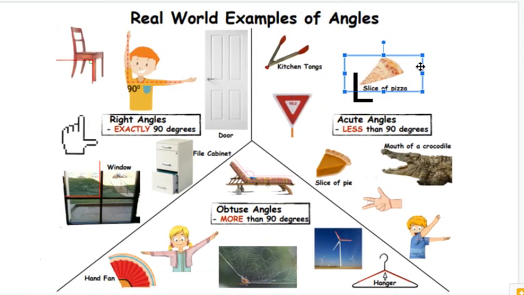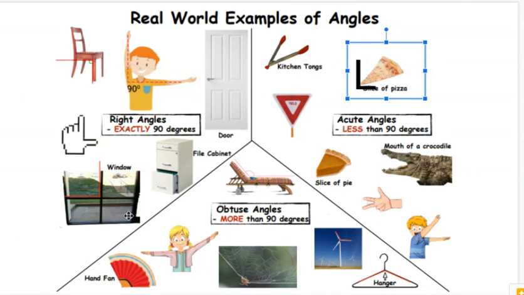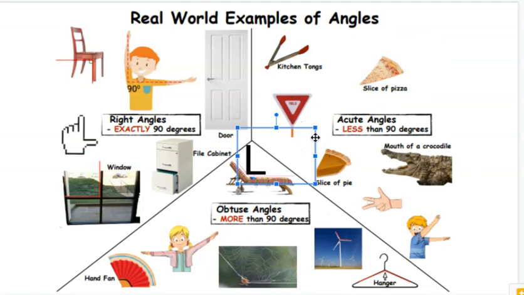You can see that as I move this letter L around, do you see how this pizza slice is smaller than the opening of the letter L? And then down here, these are all obtuse, meaning they are larger. So once again, if I wanted to move this letter L right here, which is making my right angle, you can see that this lounge chair is opening up larger than that.